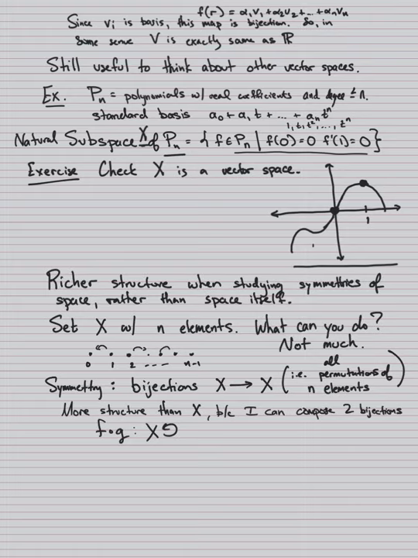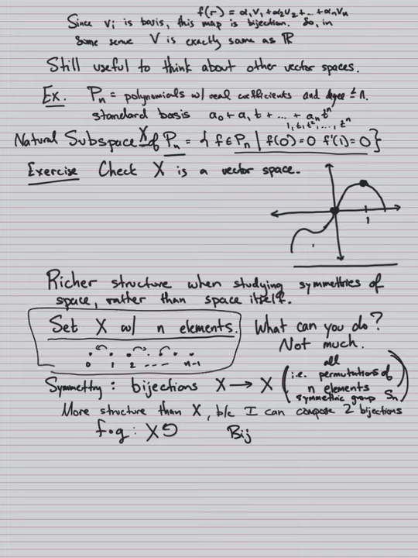So by looking at the symmetries of the space, I'm essentially going from a set with absolutely no structure, I don't know a thing about X, to another set, the set of all bijections. If you want to Google, this is called the symmetric group, S_n. It's a ubiquitous object in mathematics just because it comes from such a fundamental place.